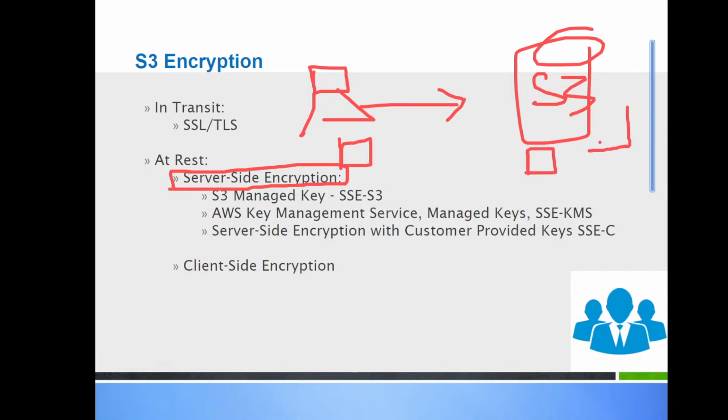Now you want this file to be encrypted, but you don't have any tool or capacity to encrypt this data. You are asking Amazon to encrypt this data for you. That is called server side encryption. You are asking the server, Amazon or S3, to encrypt your data for you. Okay, so there are broadly two types of encryption.